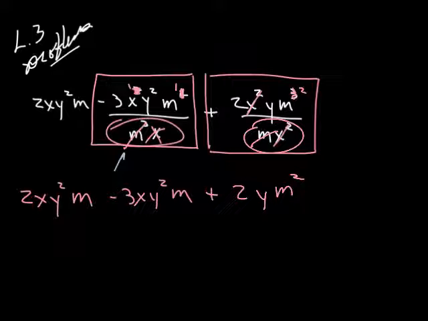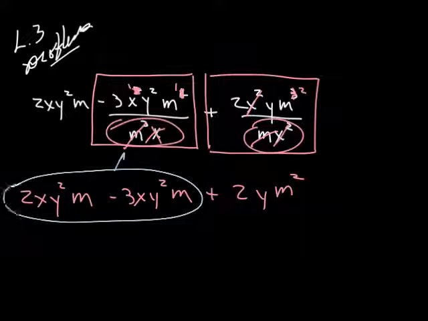Now can we bring anything together? Well, let's see if we have any like terms. This term here has an x, that has an x, that doesn't. So that one's all by itself. These two are still in play. We have a y squared here, and a y squared here, an m here, and an m here. Alright, so these are like terms. I can combine these.